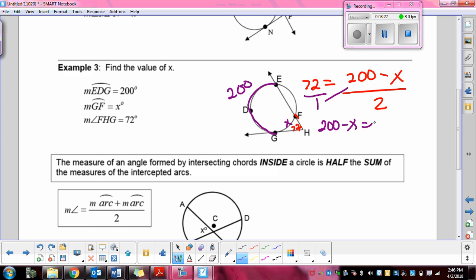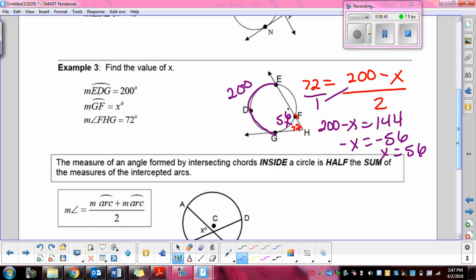Cool. And then subtract your 200 to move it to the other side. So we're going to get negative x equals negative 56. And when we divide by negative 1, we're going to get x equals 56. So my smaller arc is 56 degrees.